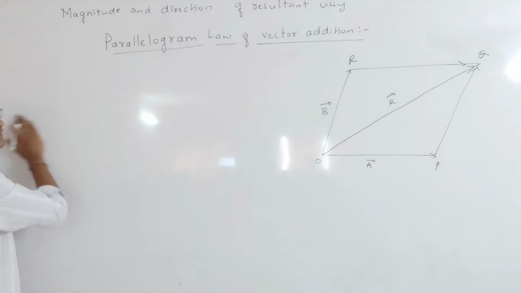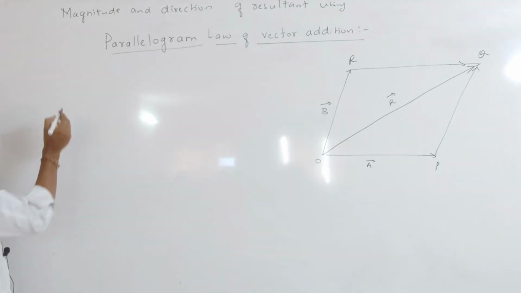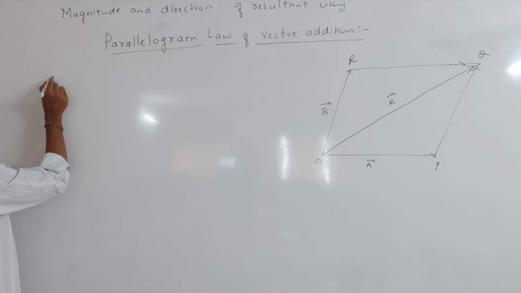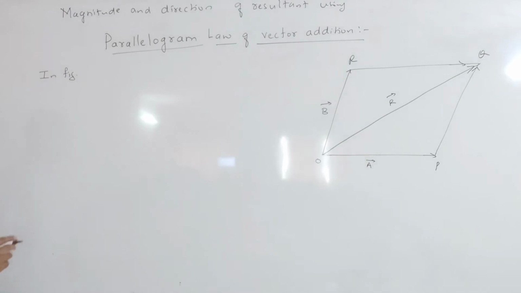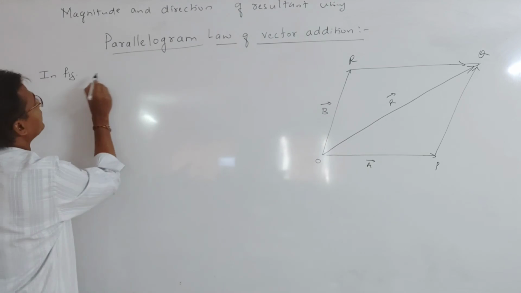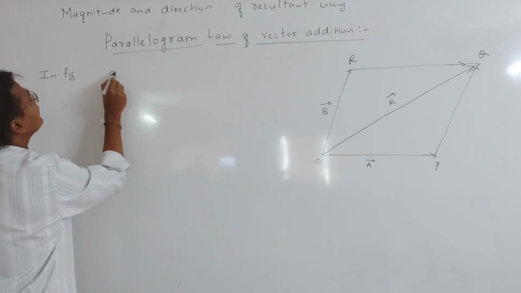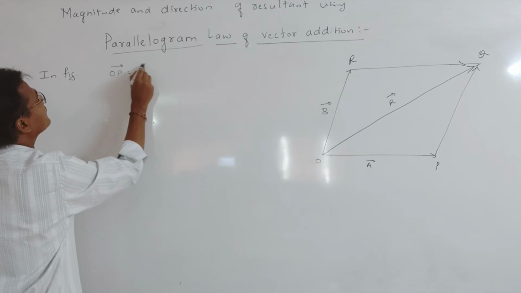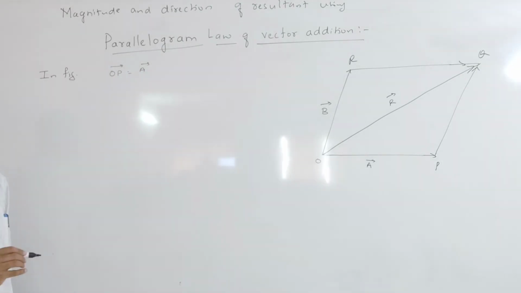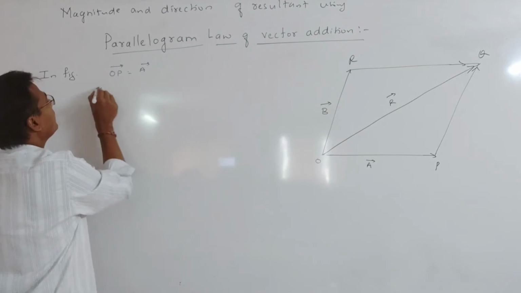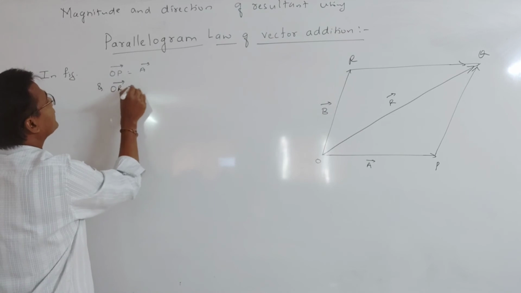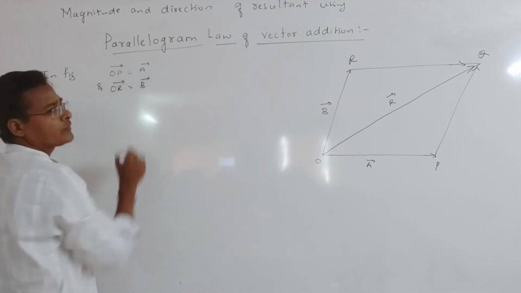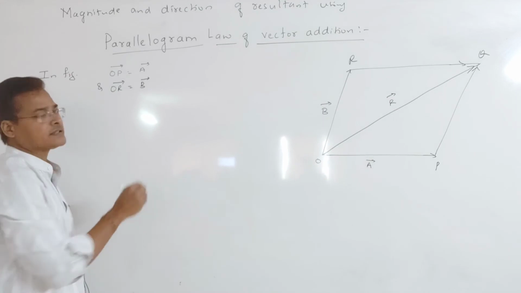Now in the figure we can see the a vector and b vector. OP vector is equal to a vector and OR vector is equal to b vector. These are the two vectors.